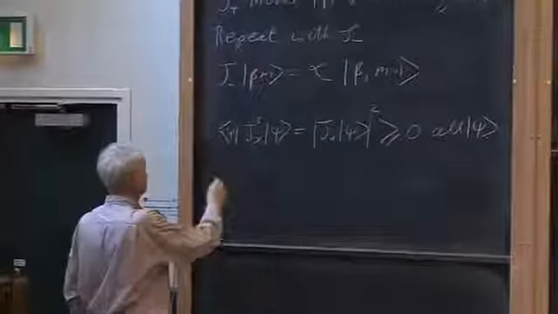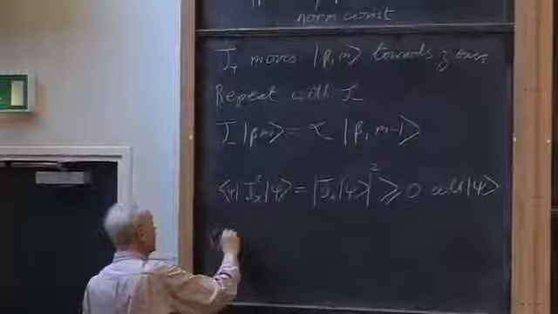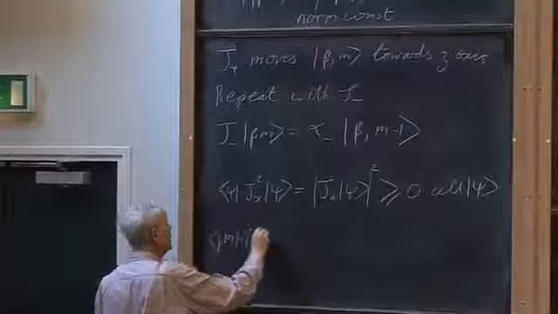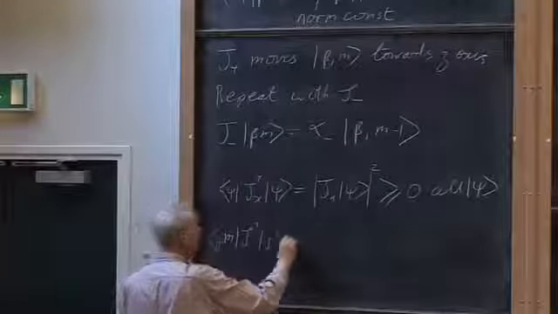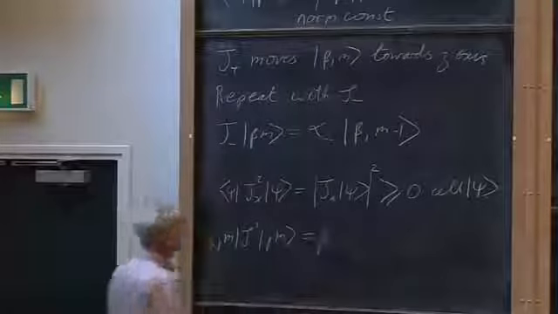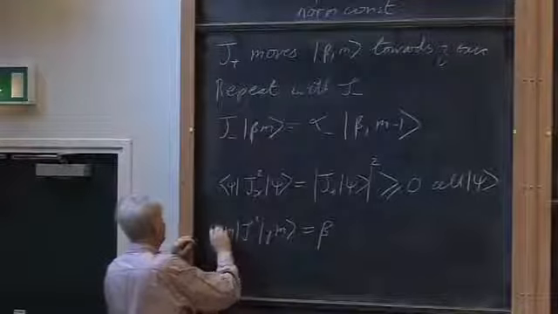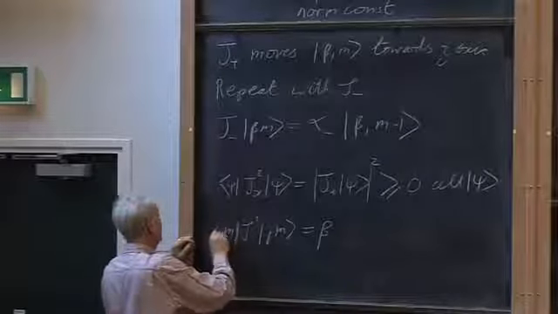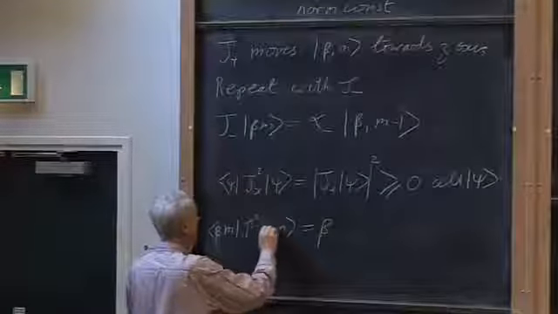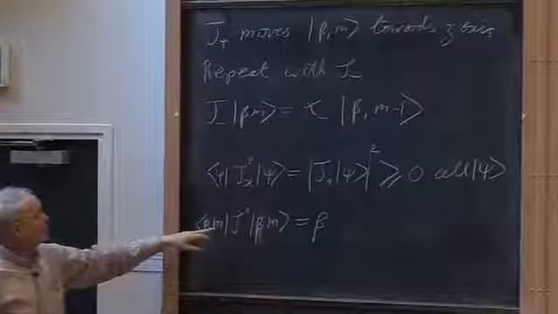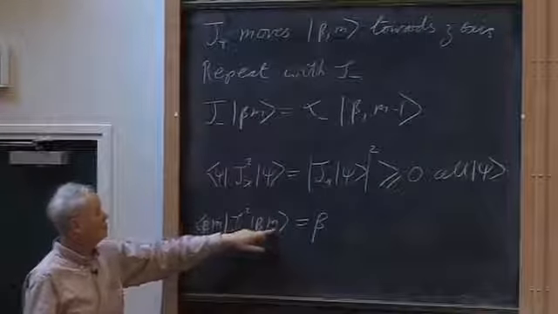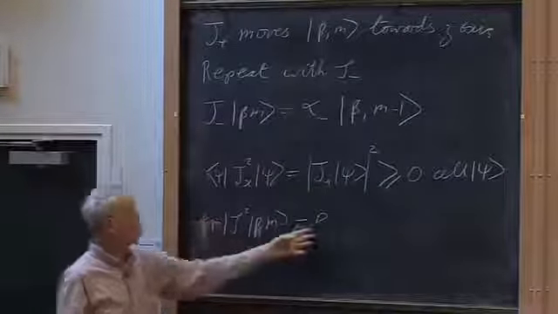So let's ask ourselves about beta m j squared beta m. That's clearly equal to beta, because j squared on beta m produces beta times this. This is correctly normalized, so we get beta.